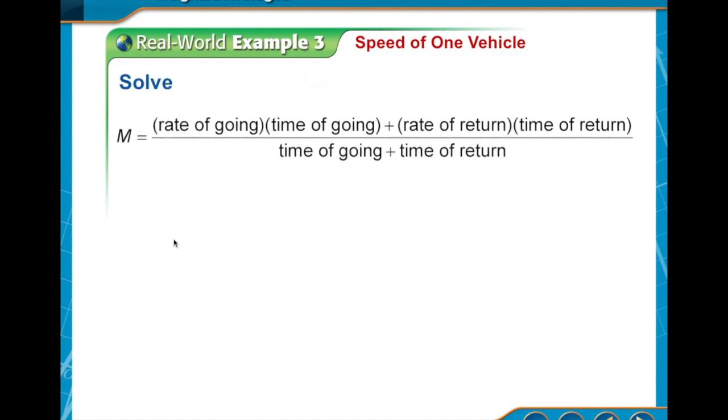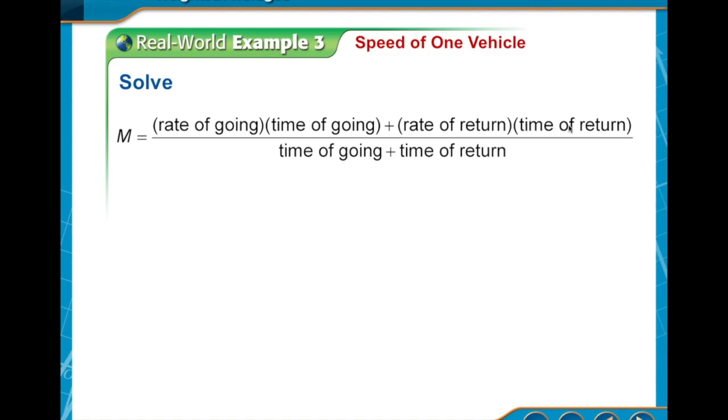So first, this looks like a whole lot of stuff to digest. Don't worry about writing this down. There is more information in your book if you want to check it out. But we're going to fill these things in. So what do we know is happening in this formula? The rate of going is the miles per hour. So what is her speed when she was leaving? And then how long did that take? Plus, what was her rate when she returned?